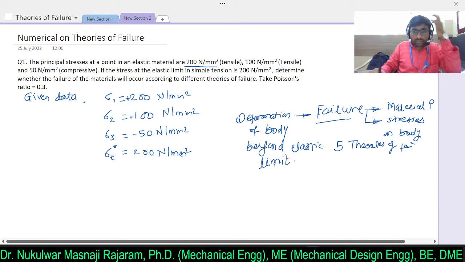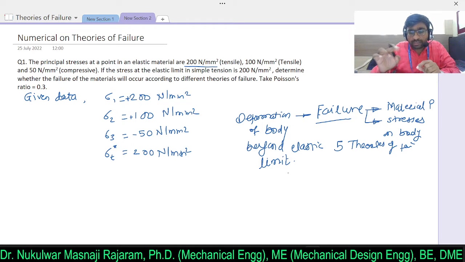Are you getting my point? The body may be brittle or ductile. If you observe, there is an elastic limit point up to which stress is directly proportional to the strain. Once you remove the force or stress at that point, the body will regain its original shape and size. However, beyond that point, yielding will start.